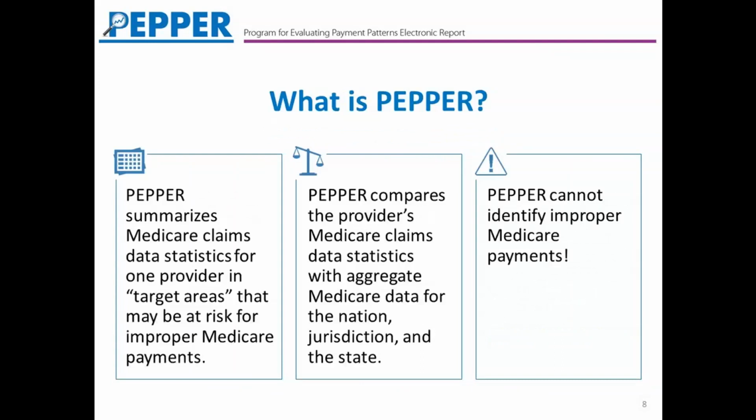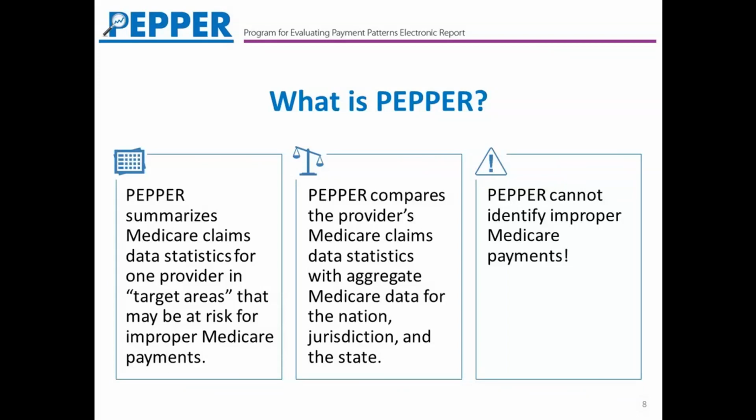And a PEPPER is a comparative report that summarizes one hospital's Medicare claims data statistics for areas that may be at risk for improper Medicare payments, primarily in terms of whether the claim was paid correctly, the claim was correctly coded and billed, and whether the treatment provided to the patient was necessary and in accordance with Medicare payment policy. In the PEPPER, these areas that might be at risk are called target areas.